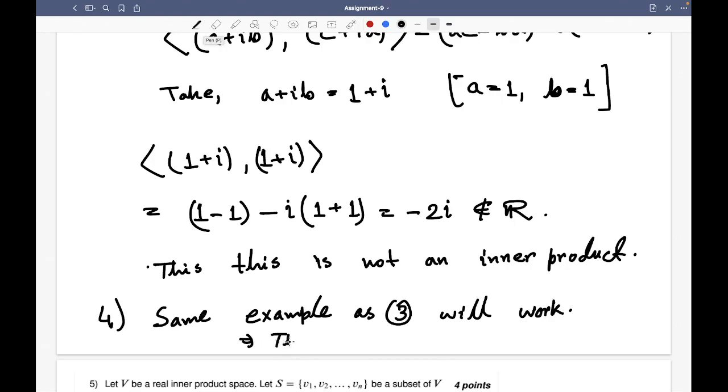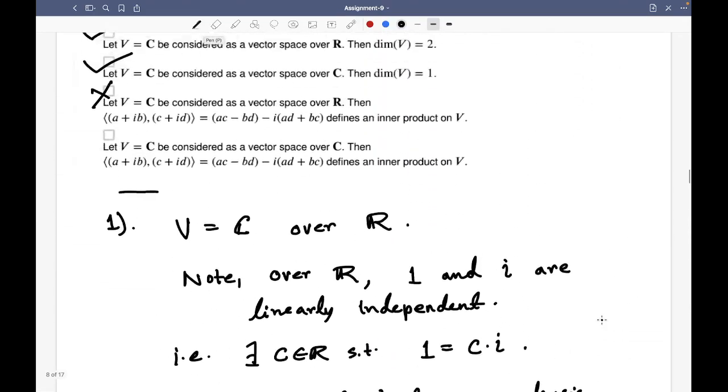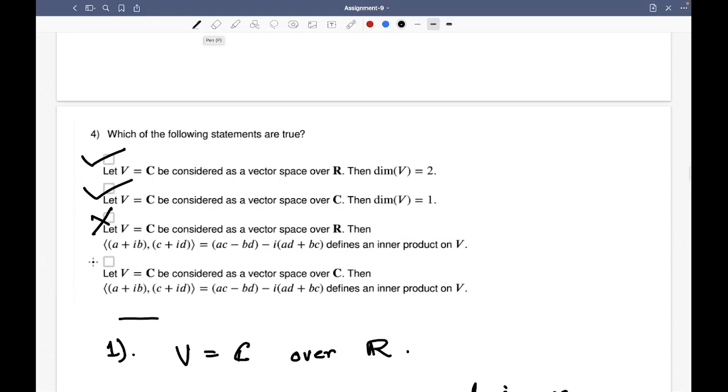Okay, this is not an inner product. So option number 4 is also false. So question number 4 is done.